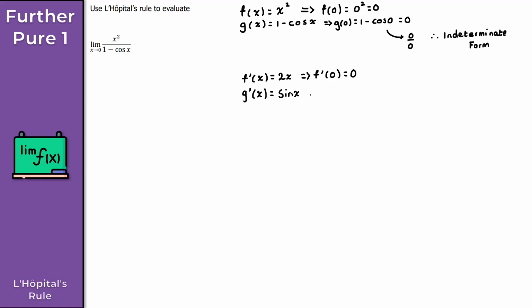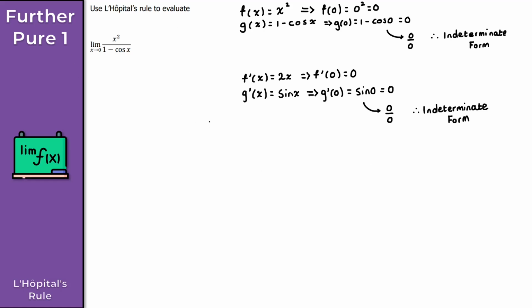And for g prime of 0, I get sine of 0, which again is just 0. In that case, again, we have 0 over 0, which is an indeterminate form. And again, what that means is we now have to use L'Hopital's rule again.